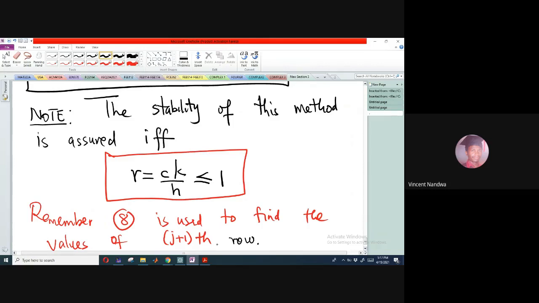In the next video, we'll describe an example on how to carry out approximation of the wave equation using the Crank-Nicholson method. So thank you, and please watch the next video to illustrate how you can apply formula 8.